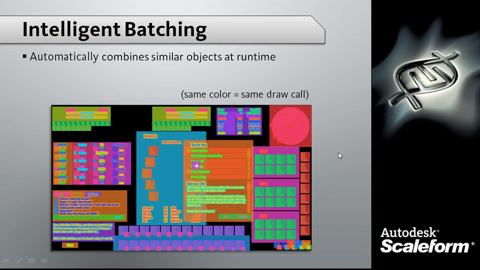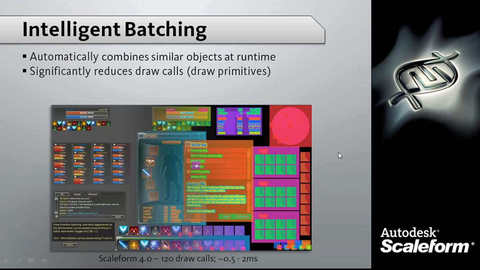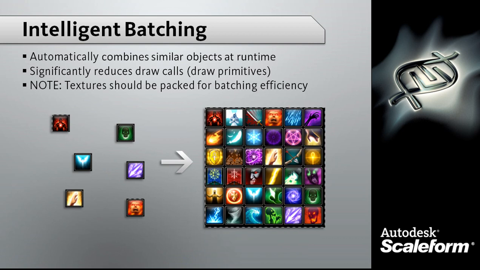And by doing so, we significantly reduce the draw calls, or draw primitives as we call them. And so in Scaleform 4.0 versus over 500 draw calls, we're seeing just over 100. And instead of 5 to 20 milliseconds, we're seeing less than half a millisecond to 2 milliseconds to render the same amount of content. So this is a big, big win.